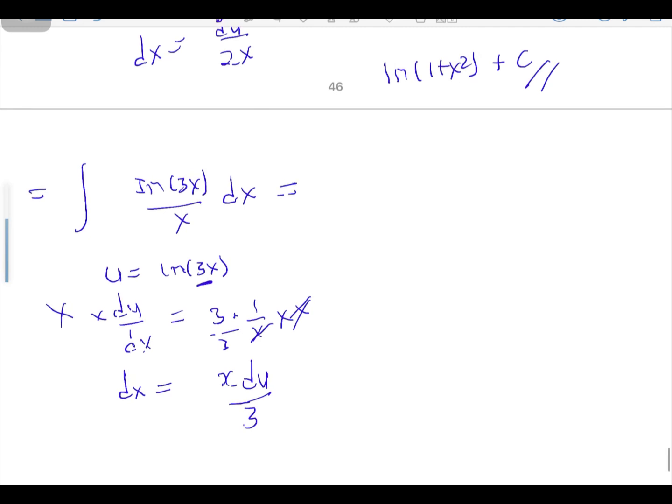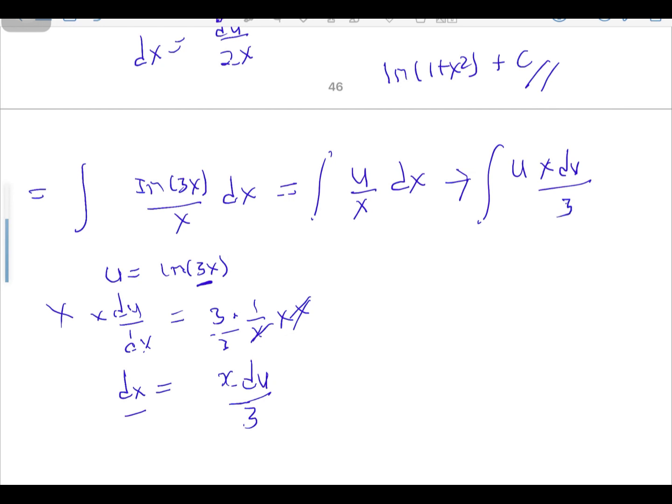And remember that since we said u equals ln of 3x, we need to change the integrand, and we are going to get u over x dx. Since we have our dx, we can substitute it, and we are going to get the integral of u multiplied by x du over 3.